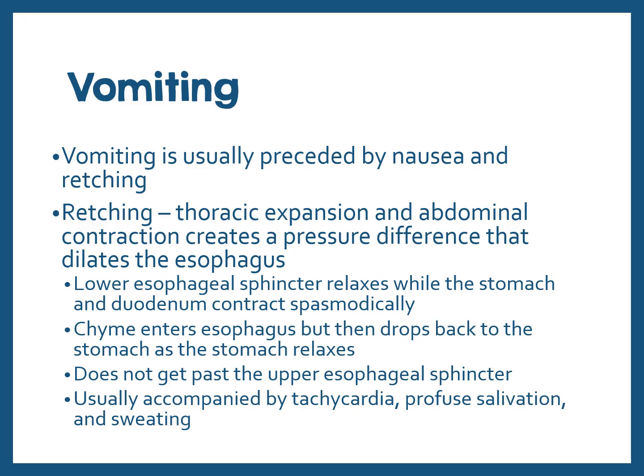During retching, there is an expansion in the thoracic cavity and the abdomen contracts, and that creates a pressure difference that will start to dilate the esophagus. This dilation is going to cause the lower esophageal sphincter to relax, while the stomach and the duodenum start to be kind of spastic with their contractions.